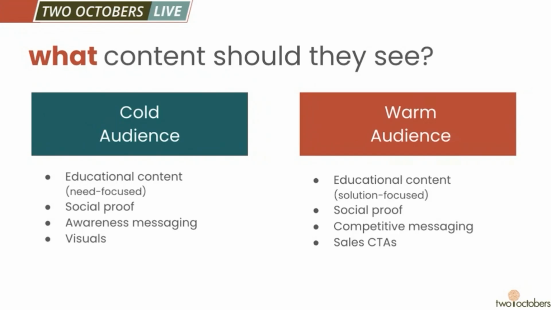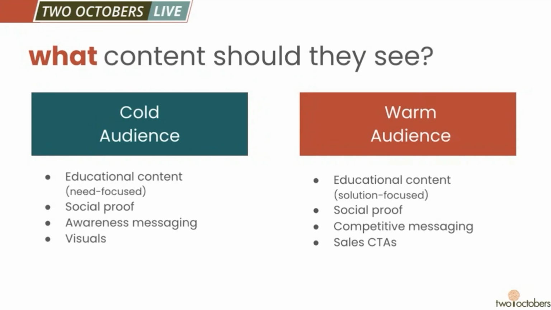So a lot of SEO content can be like this, with lists trying to assume that we have an answer because we're the experts. Social proof is great for cold audiences, awareness messaging, and visuals.